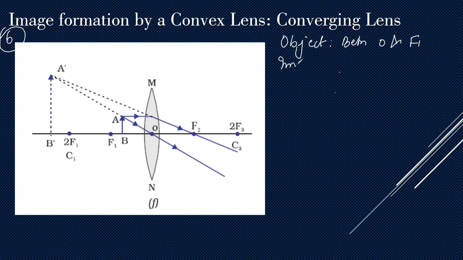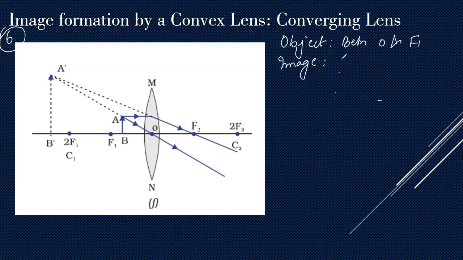Now we know, in the case of mirrors, concave was my converging mirror. There also, in the sixth position, which was between pole and focus, a virtual image was formed. In this case also, when the object is kept between the optical center and the first principal focus, the image that we are going to get is a virtual image, right?